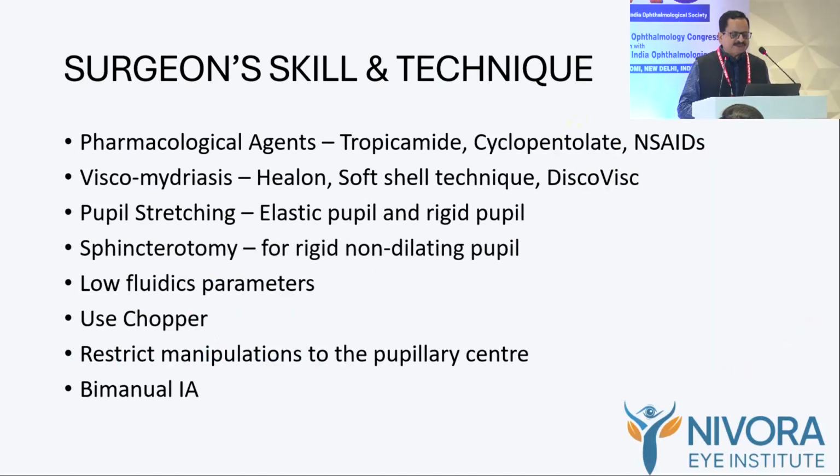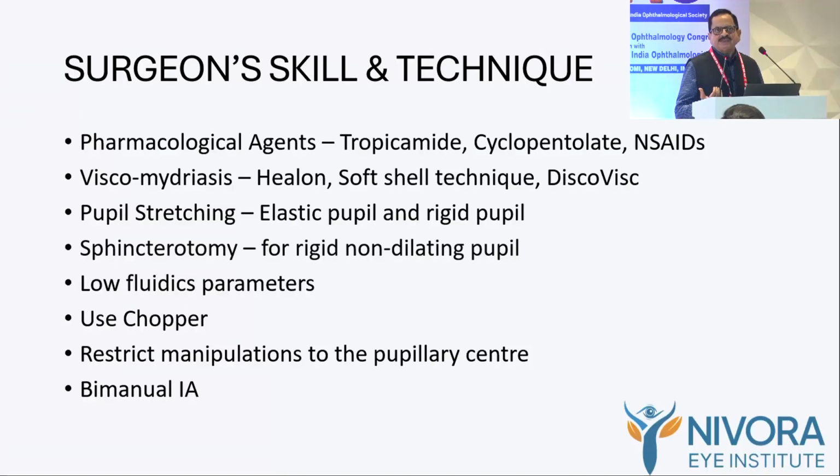Coming to the surgical skills and technique, there are various pharmacological agents used to dilate, like tropicamide, cyclopentolate, and NSAIDs. Then we can do viscomydriasis with a heel on, soft shell technique or Dispasic. Then the pupil can be stretched, though sometimes it remains dilated. Like elastic pupil, we have to confirm whether it's an elastic pupil or a rigid pupil.